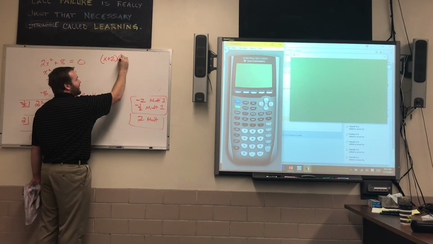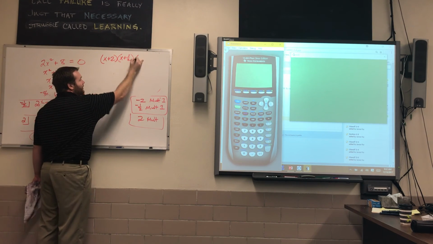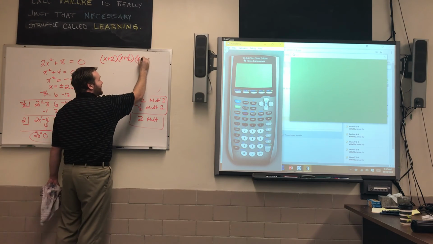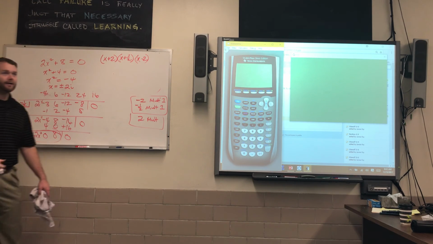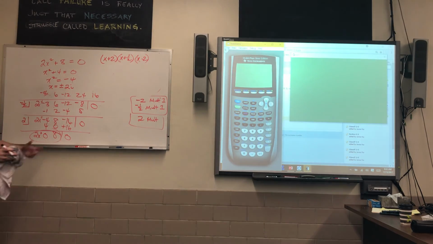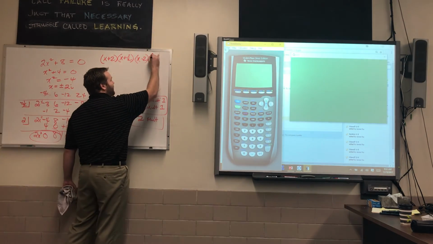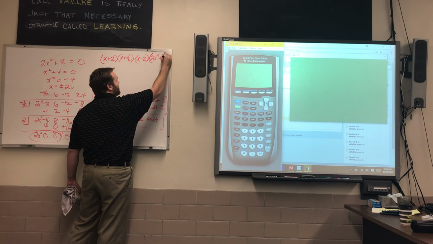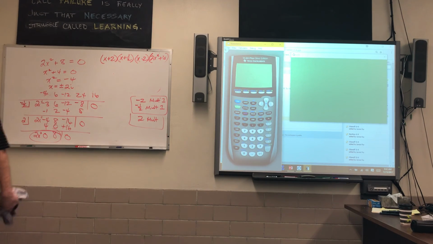This is a 0, so x plus 1/2. This is a 0, so x minus 2. And then we'll just write that it also has this factor, 2x squared plus 8. It basically tells us that the polynomial, as far as we can break it down, eventually becomes a product of 3 linear factors and 1 quadratic factor.